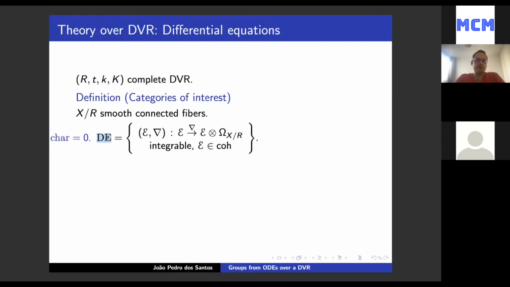I define either differential equations just like before, so just coherent sheaves here, these R-linear operators which satisfy the Leibniz rule and are integrable. If the characteristic of the residue field little k is positive, then I can do the same thing, but then I need to bring in all differential operators. So this D_X here is the ring of differential operators, which shows up in EGA 4.